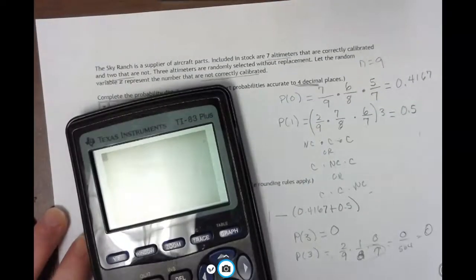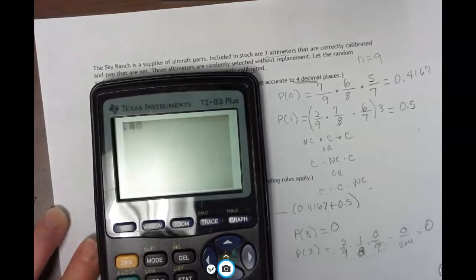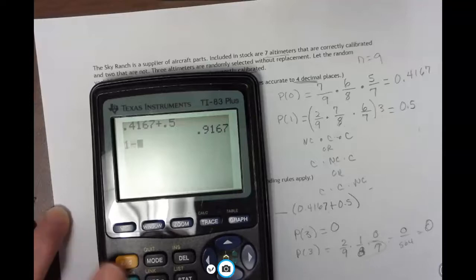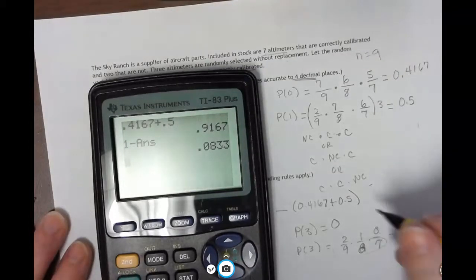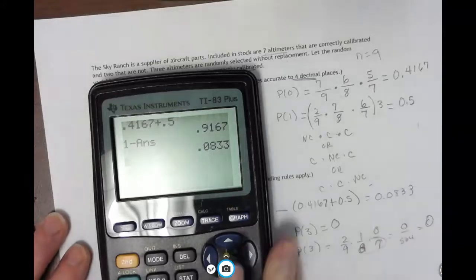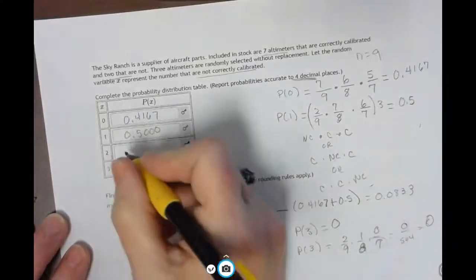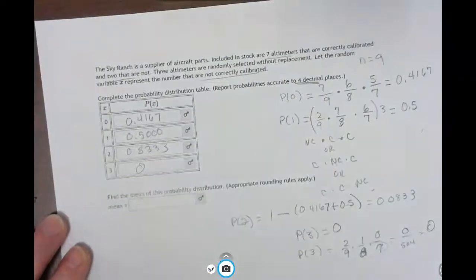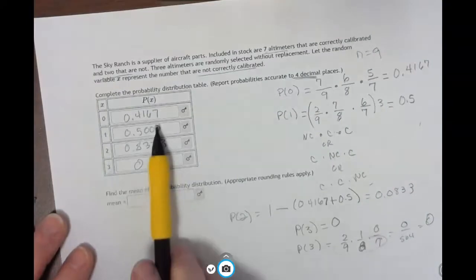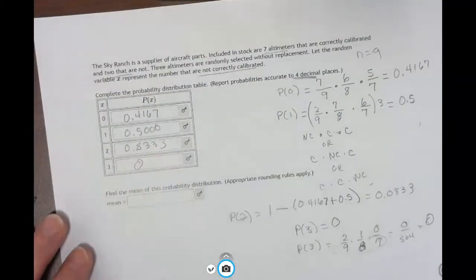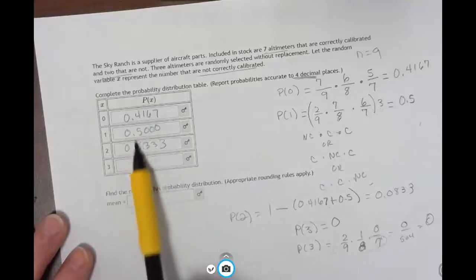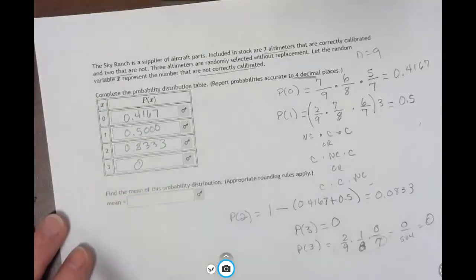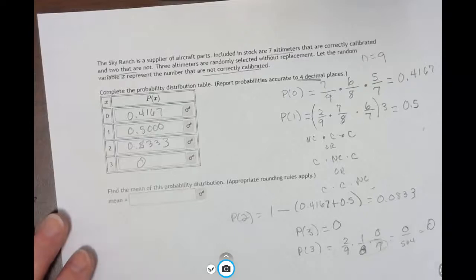So 0.4167 plus 0.5, and then 1 minus that, looks like it's going to be 0.0833. And again, you just have to be careful for rounding. This one wasn't too bad. We really did not round up too much except for this one, but again, these should all equal 1, so it looks like we have 0.8333.